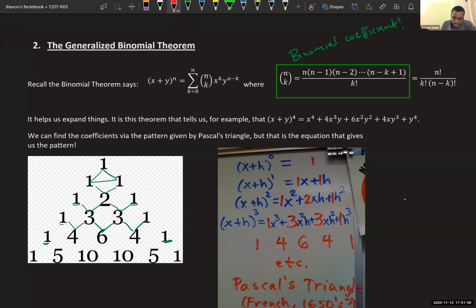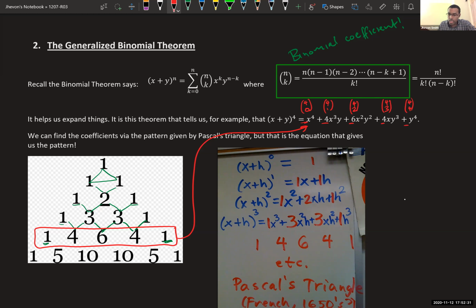You'll notice that this line matches the coefficients here. Notice the 1, 4, 6, 4, 1 is here, 1, 4, 6, 4, 1. It turns out that these numbers are binomial coefficients. The first one is 4 choose 0, this is 4 choose 1, this is 4 choose 2, this is 4 choose 3, and the last coefficient is 4 choose 4.